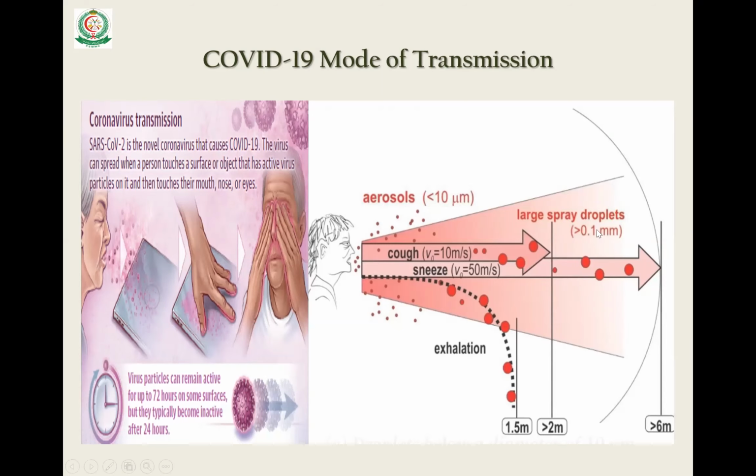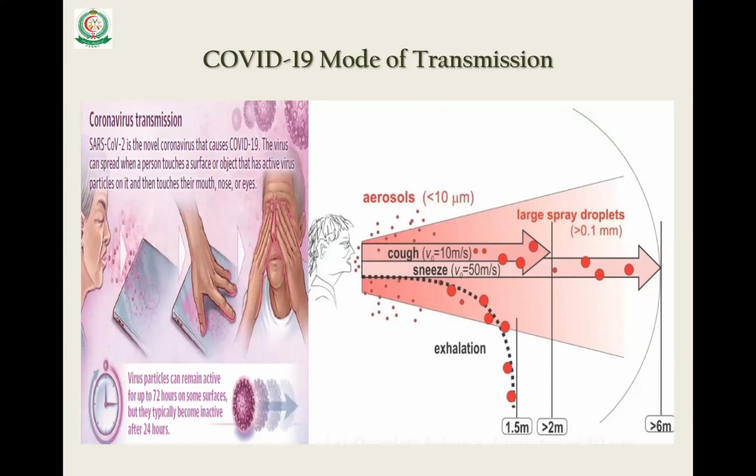But if you're doing an aerosol generating procedure like suctioning a patient, dealing with a critically ill intubated patient in the ICU, or doing swabbing, or extubating a patient, or cardiopulmonary resuscitation, all these can induce aerosolization, and this aerosolization can lead to further transmission up to 6 or 8 meters sometimes. So the precaution has to be airborne precaution, while for droplets, you only have to use the surgical mask.